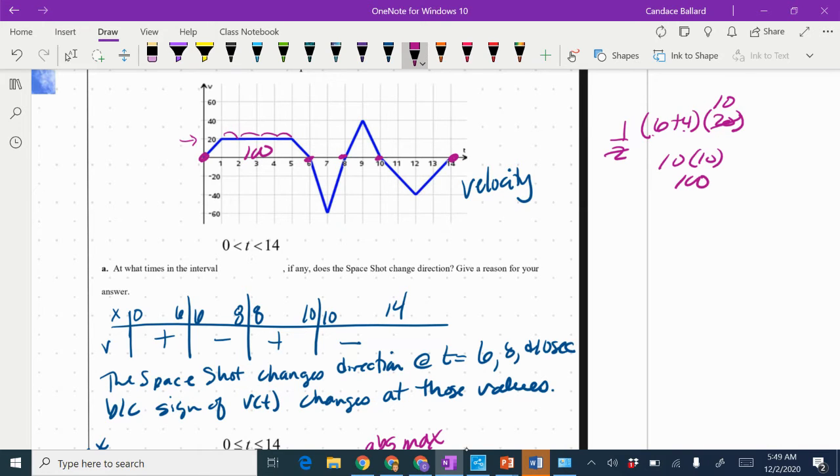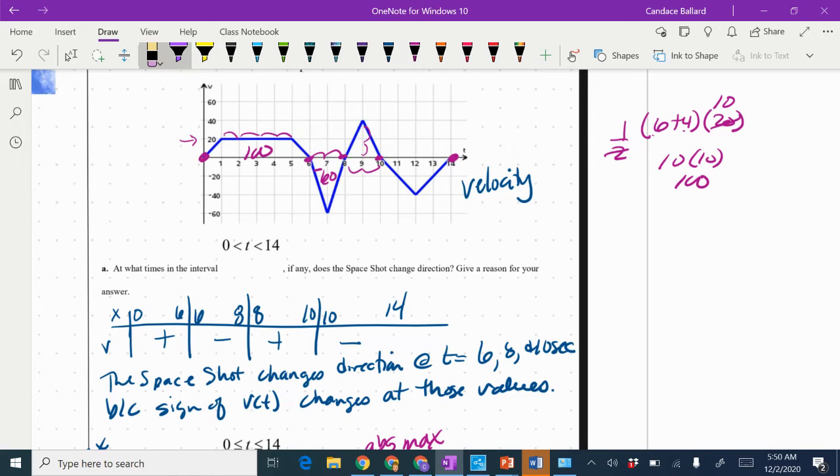This is a triangle. So we have a base of 2 and a height of 1, 2, 30. So 2 times 30 would be 60. And because it's underneath, it's going to be a negative 60. And then this here is a base of 2 and a height of 20.